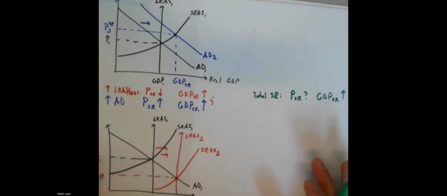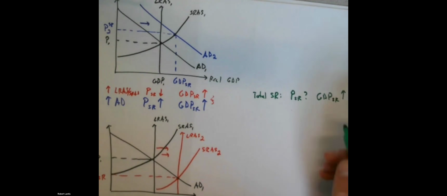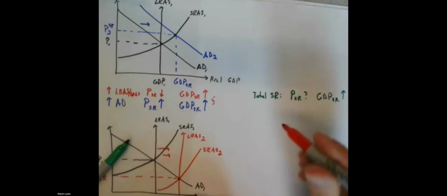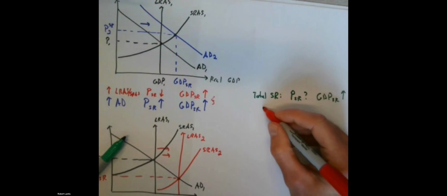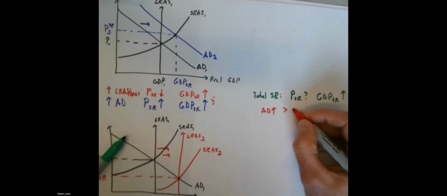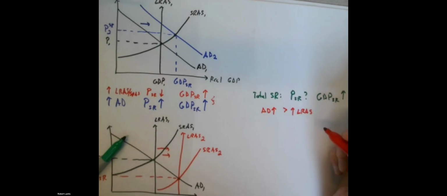Now, even though we know it's going to increase, we could still determine if we have inflationary or deflationary gaps. So first of all, in the short run, I know GDP is going to go up, right? However, what's going to happen to prices? Well, I don't know. However, I was told that that shift that was caused by job security, so that aggregate demand increase, was larger than the change that was caused by an increase in human capital.